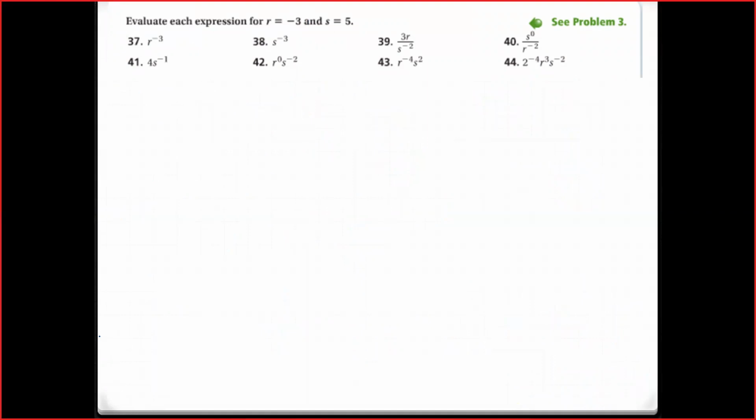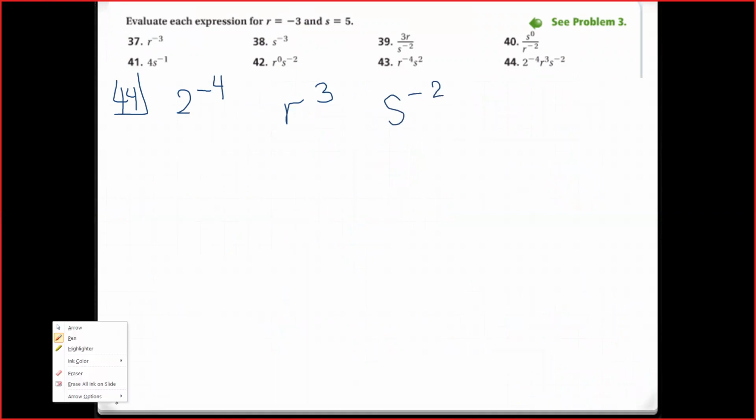Here, in number 44, it is 2 to the power negative 4 times r cubed times s to the power negative 2. Now, 2 to the power negative 4, I can write it as, what is the reciprocal of 2? It is 1 over 2, and the opposite of negative 4 is 4.